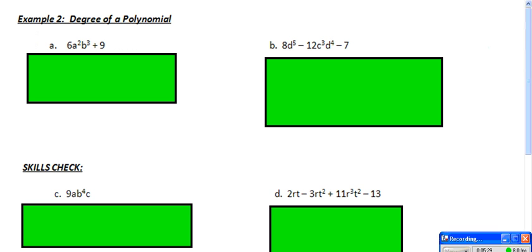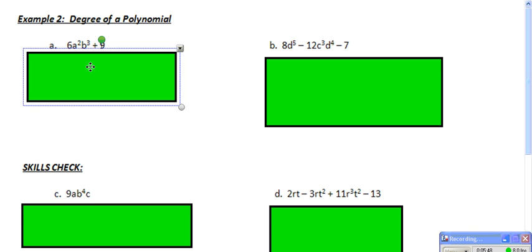In our example, we're just going to find the degree of each polynomial here. So in A, we have 6a to the second b to the third plus 9. In order to find the degree, you break each of the monomials down. Here's your first monomial: 6a to the second b to the third.